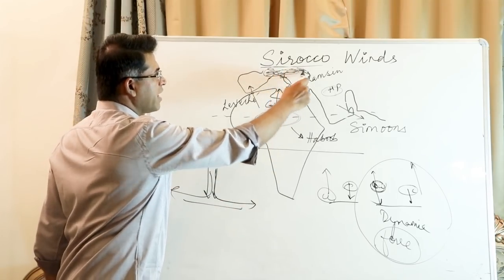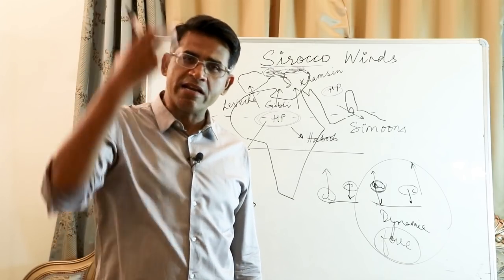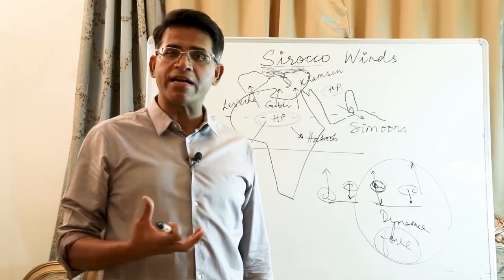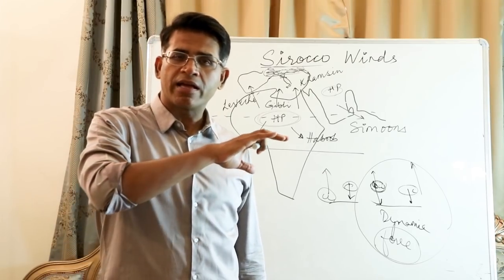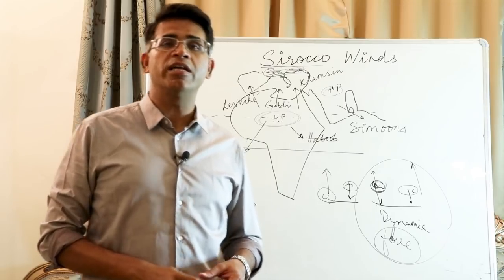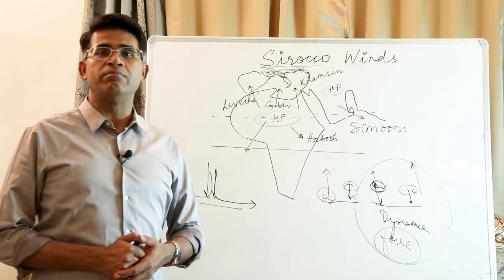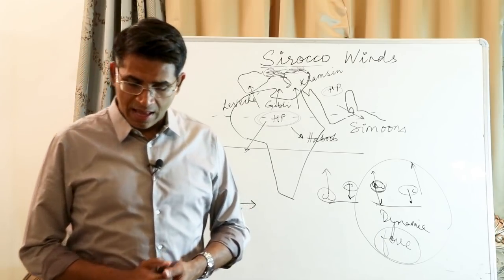So this rain will have a lot of dust. It rains down like blood rains. There can be a layer and coating of dust along with the moisture that comes down with the winds. We call these the blood rains.